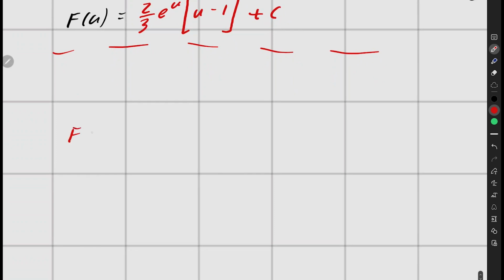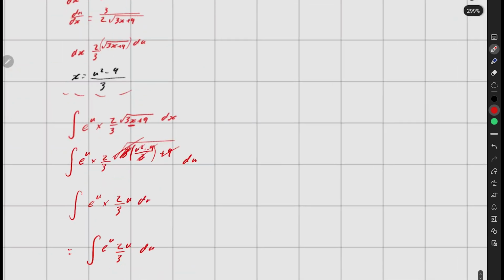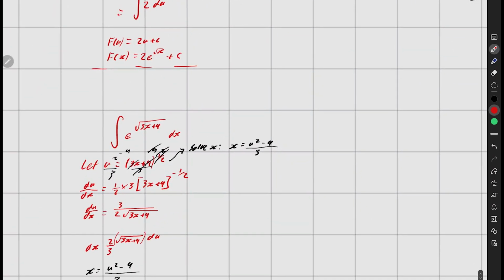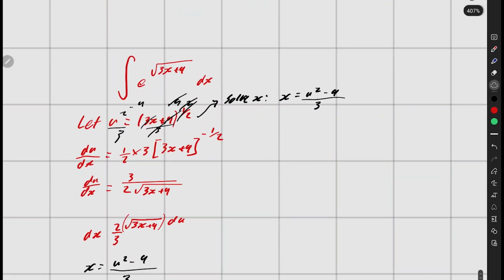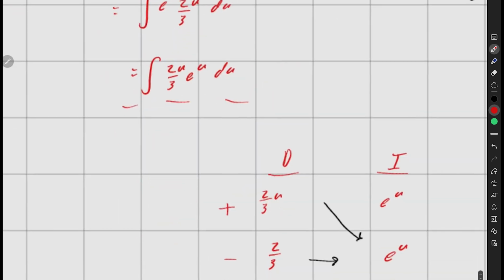So let's write this in terms of x. What did we set u equal to? Great, we set u equal to the square root of 3x plus 9.